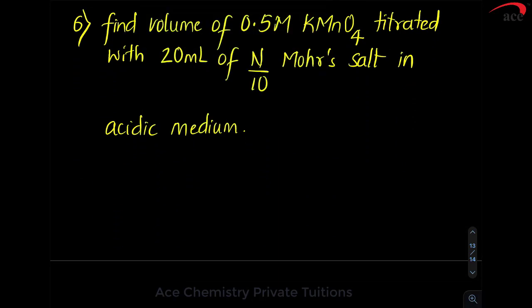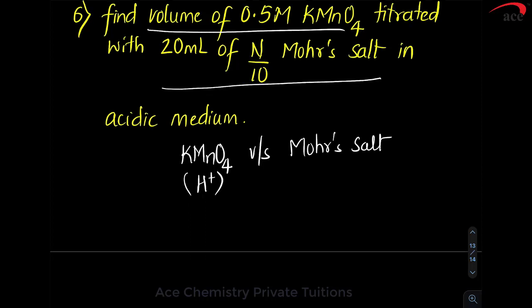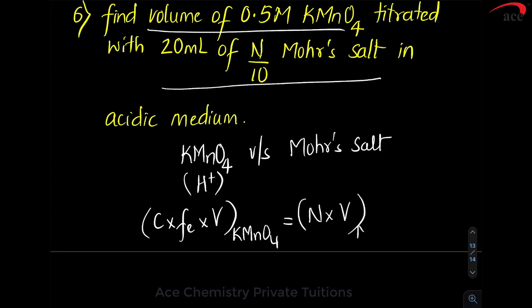Next, find the volume of 0.5 molar KMnO4 titrated with 20 ml of Mohr's salt. In this case, now we have KMnO4 in acidic medium titrated with Mohr's salt. So what formula will you use? Molarity multiplied by factor multiplied by volume of KMnO4 will be equal to normality multiplied by volume of Mohr's salt.